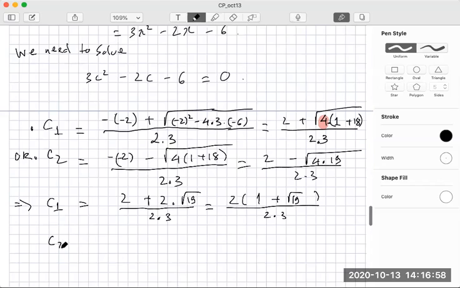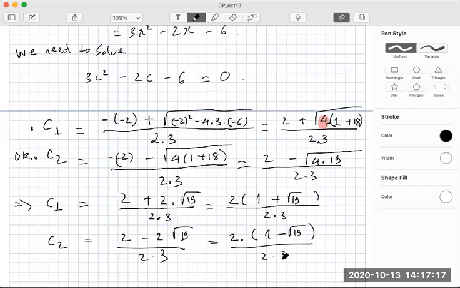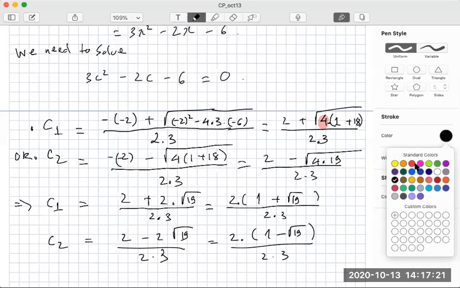And C2, the similar story, but there's only one thing different, that is the negative sign. Which will be 2 times 1 minus square root 19, over 2 times 3, right? And here, they are a product.